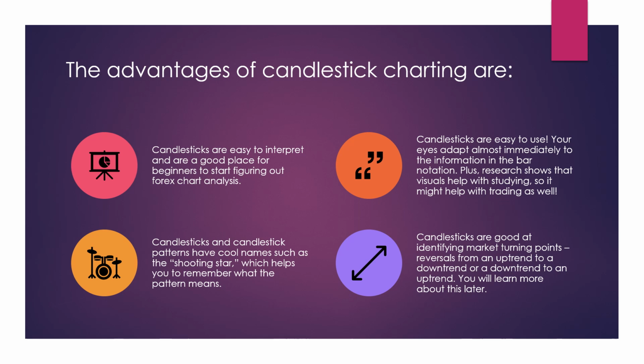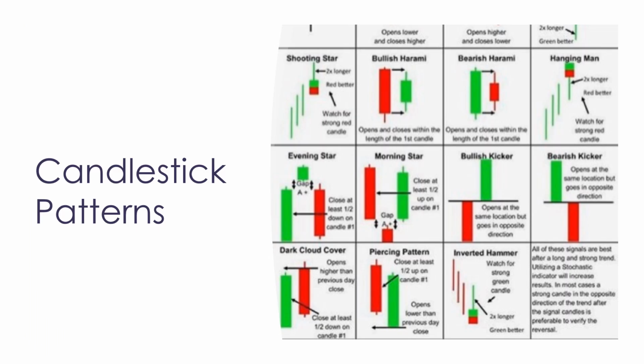Plus, research shows that visuals help with studying, so it might help with trading as well. Candlesticks and candlestick patterns have cool names such as shooting stars, which helps you to remember what the patterns mean. And candlesticks are good at identifying market turning points, reversals from an uptrend to a downtrend, or a downtrend to an uptrend.